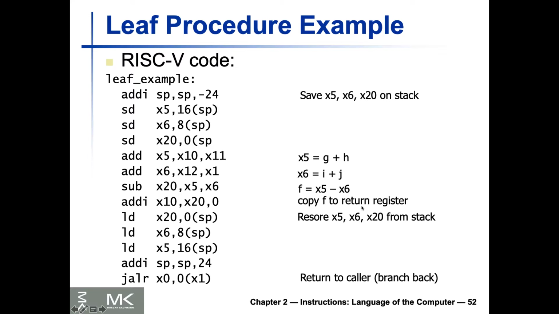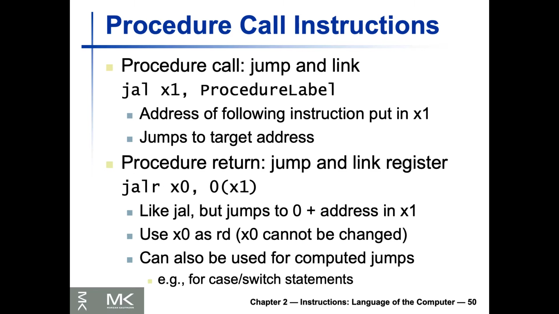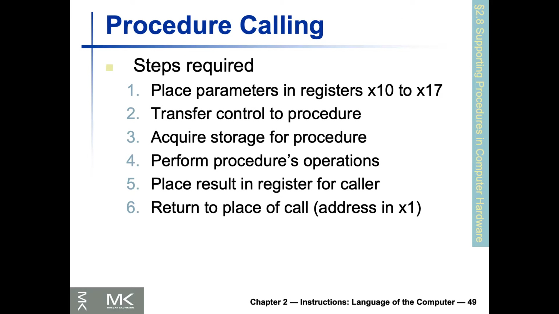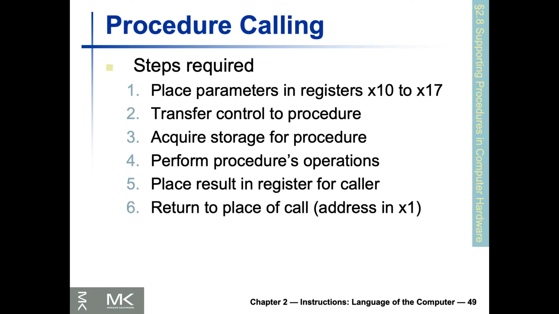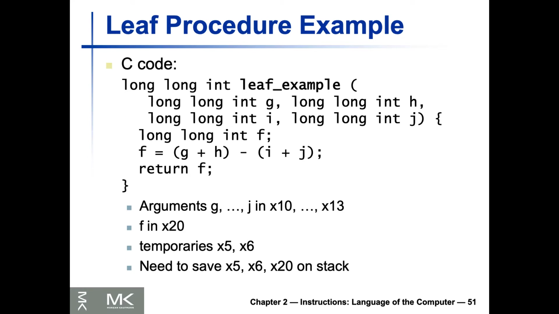How do we know X10 is the right one? Because there is a set of registers that you need to use for certain operations. I was showing it somewhere here: 10 to 17 was for that. I'll give you the full register convention. I guess 2 sessions ago we had a discussion about it.